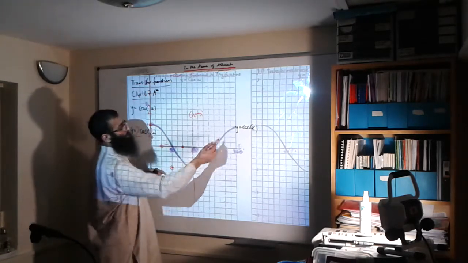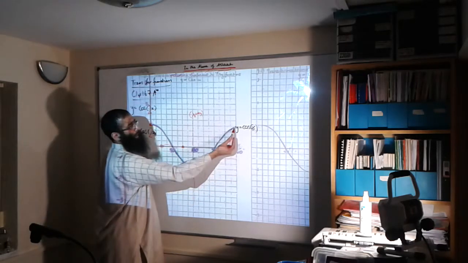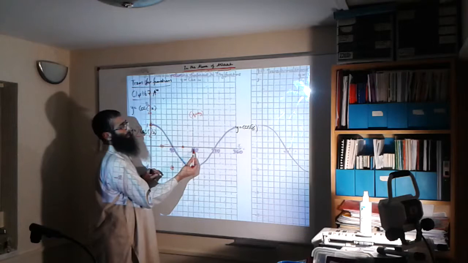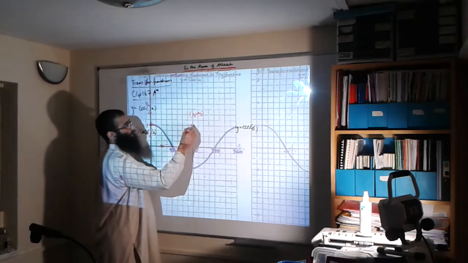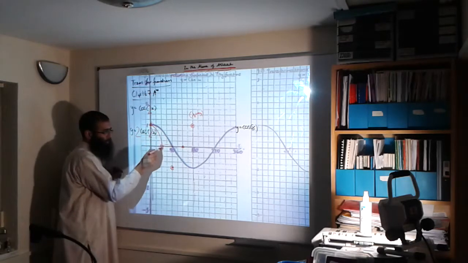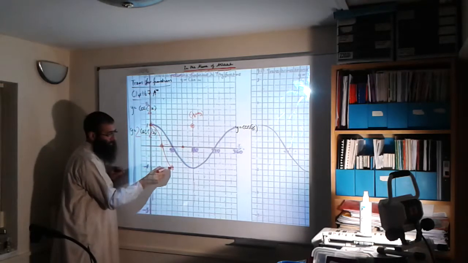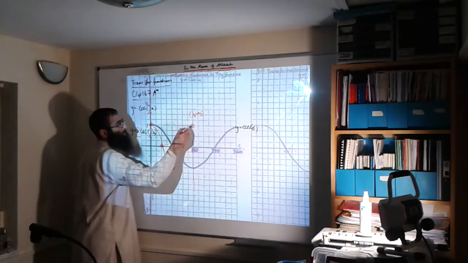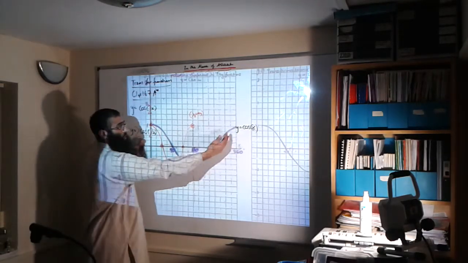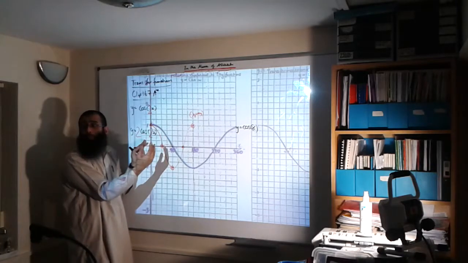Next, the 360 had a value of 1, so it won't be at 360, it will now be at 180, with the value of 1. So what we get here is that. The blue graph has been squeezed down into half the space.